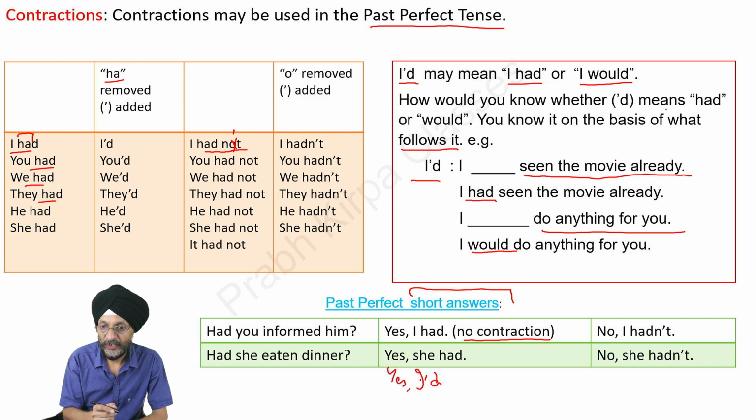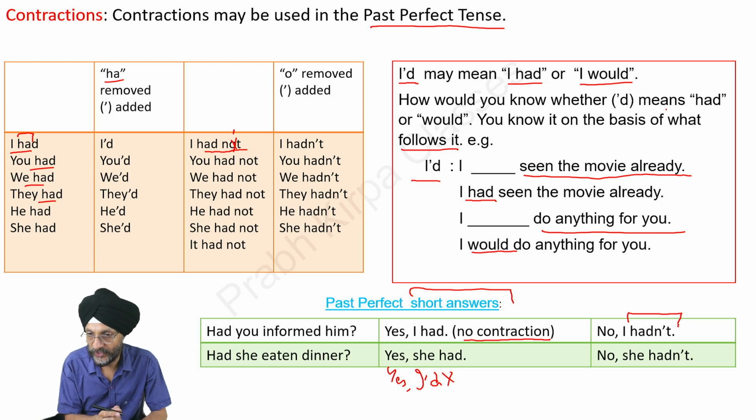You will not use this contraction in case of short answers. This is wrong. However, if the answer is in negative, no, I hadn't, then you will see that contraction has been used. I hadn't.